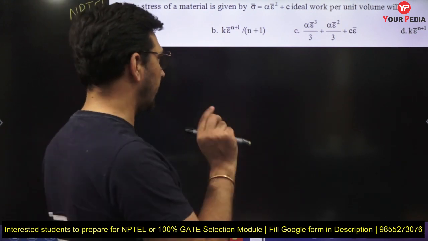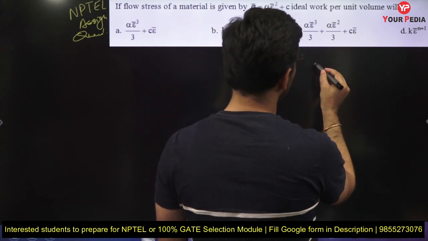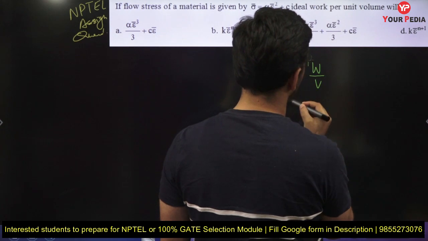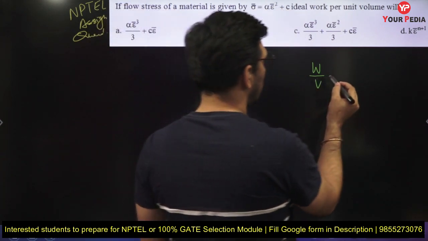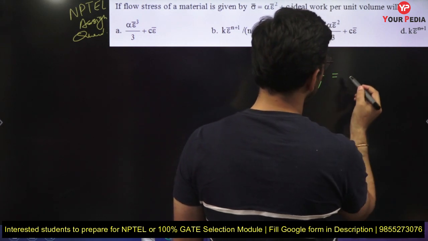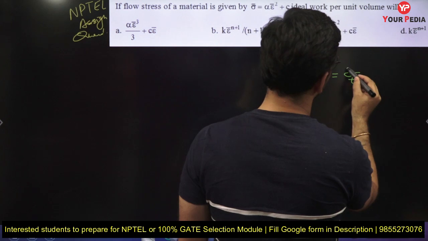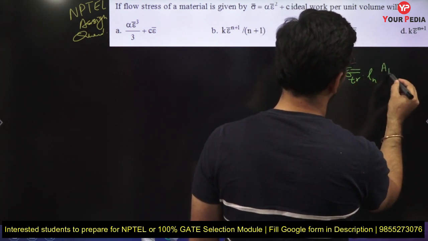Let me just tell you, you must have heard about the work done in a homogeneous deformation process per unit volume. Work done per unit volume, right? Which is equal to what? It is given by the mean value of flow stress and natural log of A1 by A2.